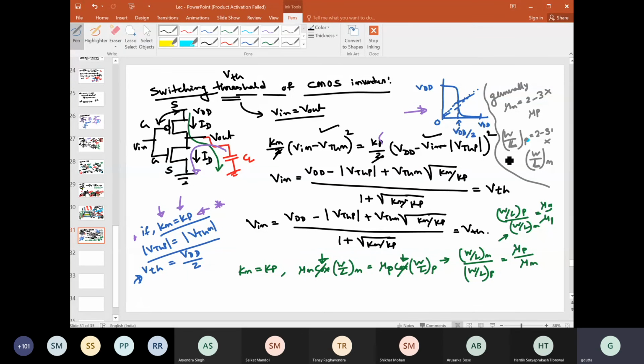And suppose initially you made them fulfill this criteria, so you are getting the symmetrical VTC, and your VTC is like this, right? Now suppose you increase the W by L of the PMOS even further. Suppose it is equal to 5 times the W by L of this NMOS, right? Then what will happen to this VTC?